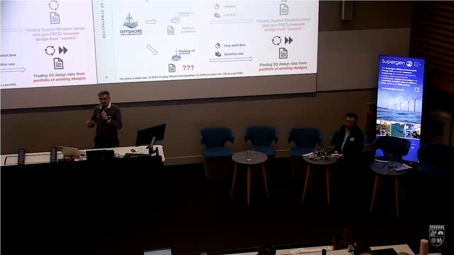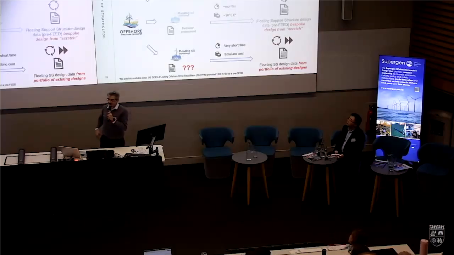Basically you go to them and say, this is where I want to build my farm, and they say, okay, this farm is an environmental class 3, so that's the kind of superstructure that you need. That can obviously accelerate floating wind a lot. It can, as you will see, facilitate standardization, mass production, industrialization, and so on.